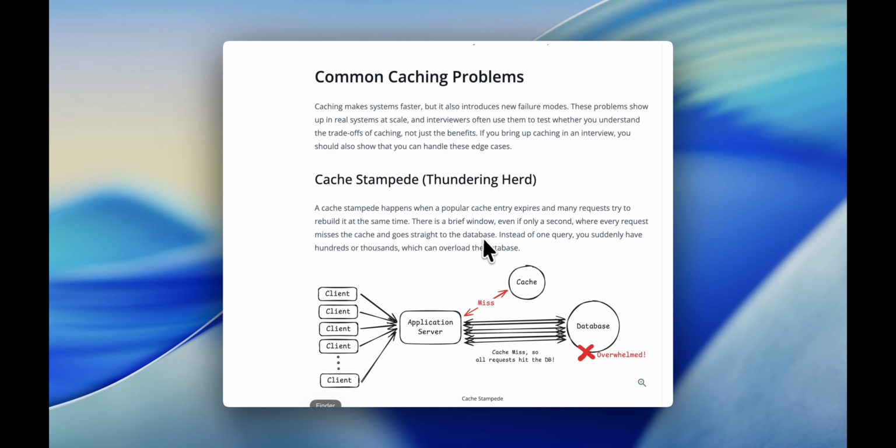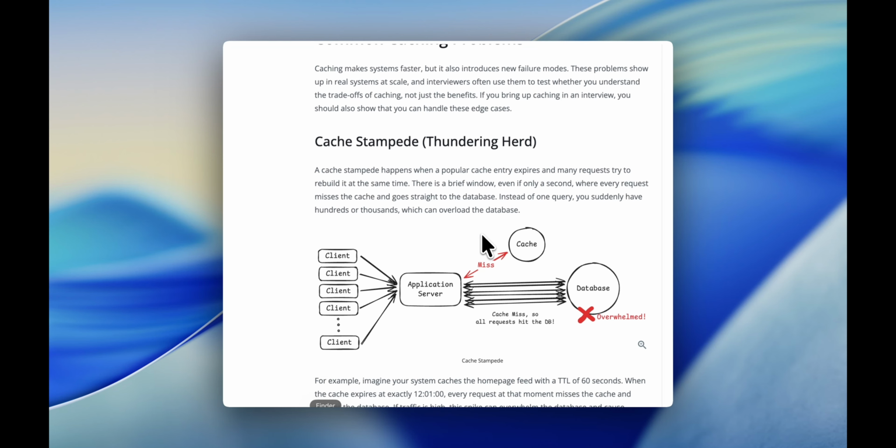Cache stampede happens when a popular cache entry expires and many requests try to rebuild it at the same time. There is a brief window, even if only a second, where every request misses the cache and goes straight to the database. Instead of one query, you suddenly have hundreds or thousands which can overload the database.